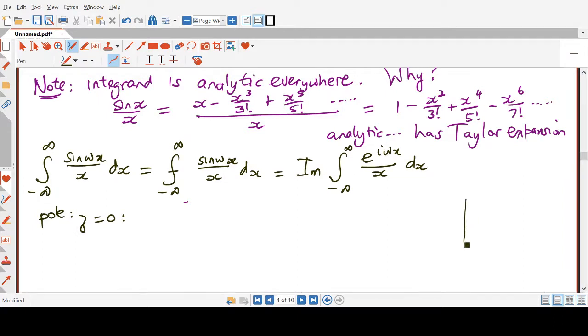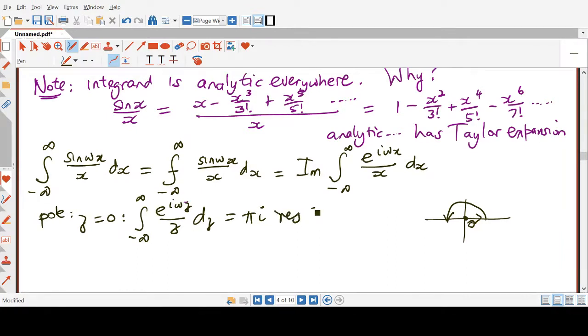Okay, and there's only one pole, z equals to naught. Surround this pole by a contour like that, and then hit this with the residue theorem. So the integral of e to the i omega z over z dz from minus infinity to plus infinity is pi i times the residue of e to the i omega z over z at z equals to naught.